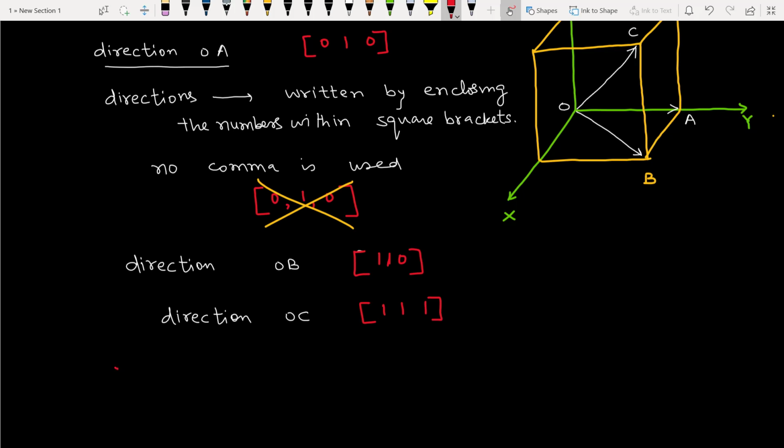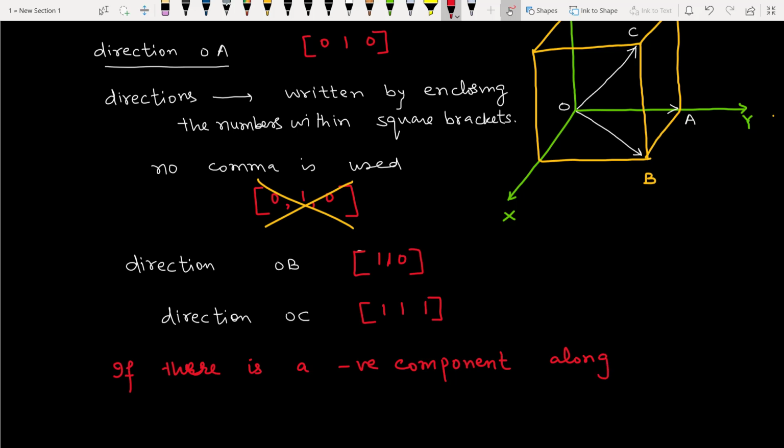And sometimes we come to a situation with a negative component. We may be along the negative x-axis, the negative y-axis, or the negative z-axis.